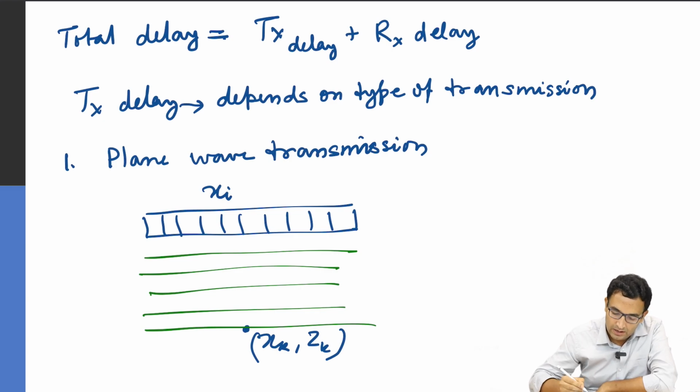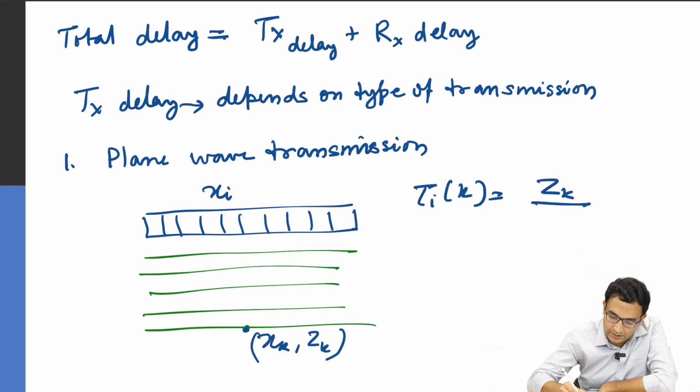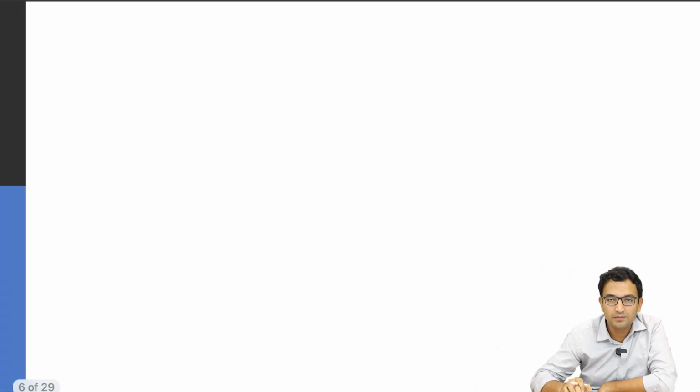So if you recall, in a plane wave, the wavefront represents a planar surface, so the entire wavefront will arrive at the same time, and if I want to calculate the delay, it is simply going to be this distance zk divided by c, because it is like a direct transmission, the wavefront is a plane. So I hope this point is clear.